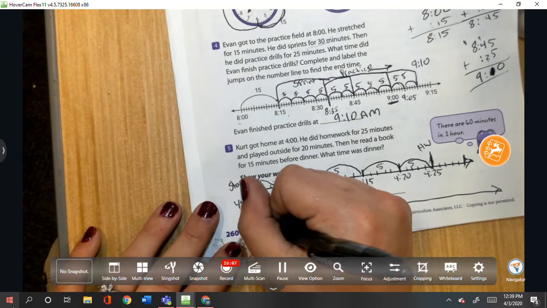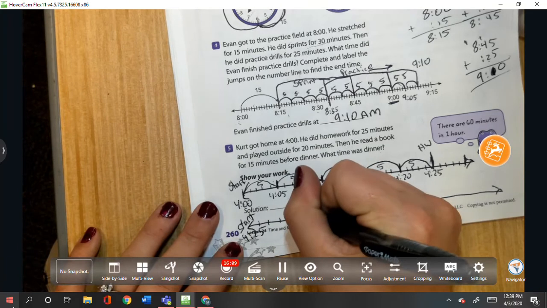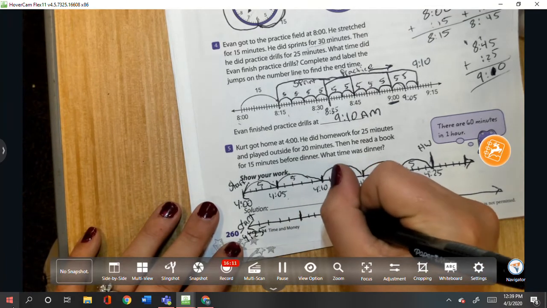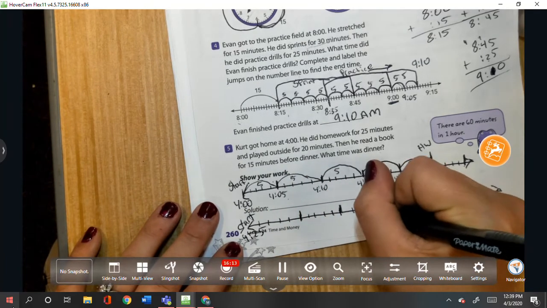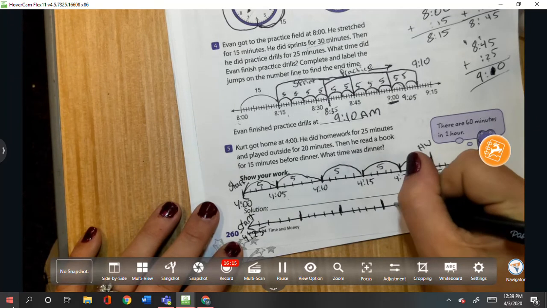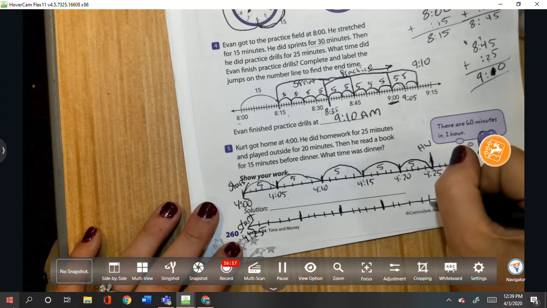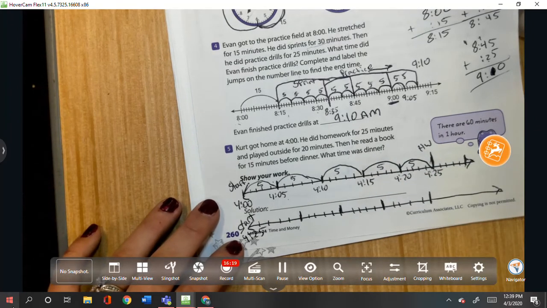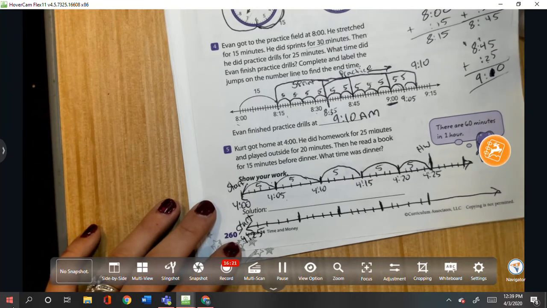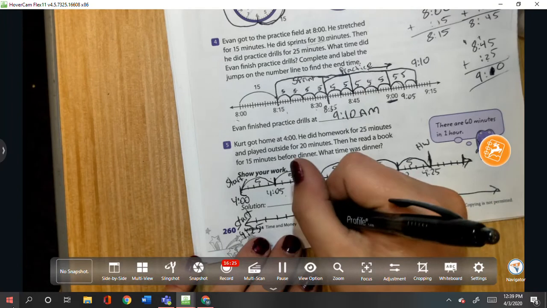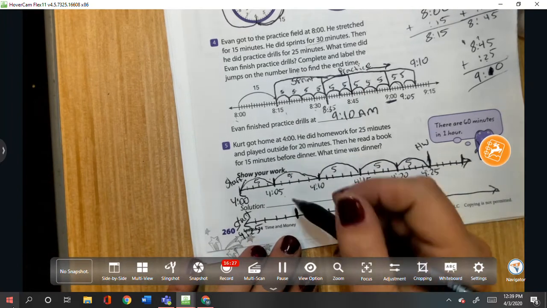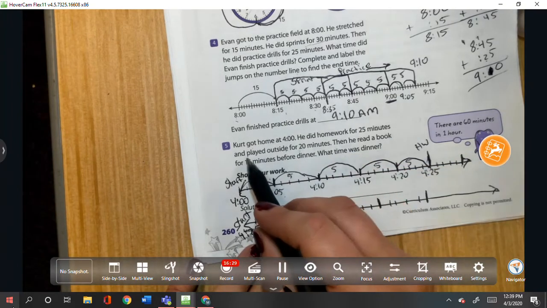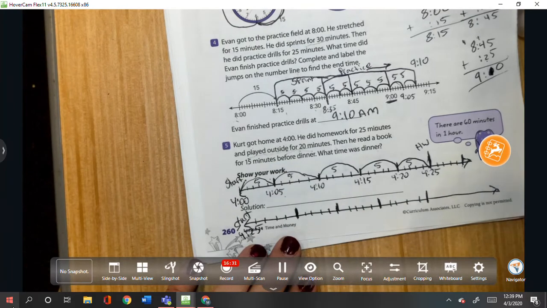Let's do our intervals. 1, 2, 3, 4, 5, for each interval. And remember, we're doing 5 minutes in each interval because that's how the clock runs. There's 5 minutes between each marker on the clock. So we would need to go another 20 minutes for playing outside.